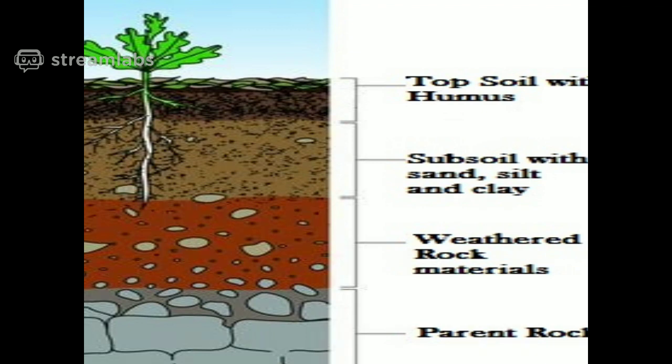Now this formation of soil doesn't happen in just months or years. It takes hundreds of years to make just 1 centimeter of soil. The right mix of minerals and organic matter makes the soil fertile.